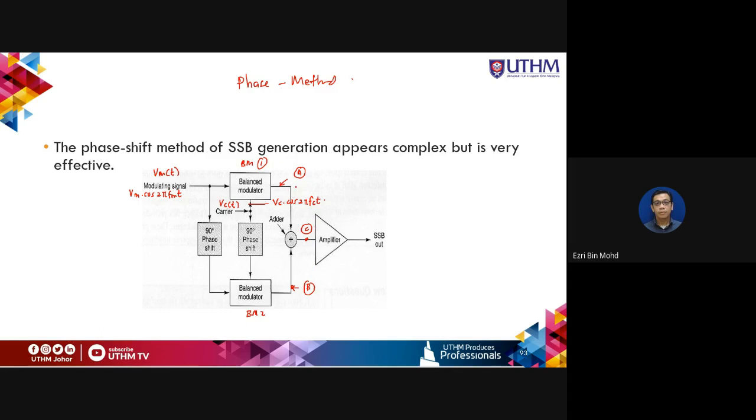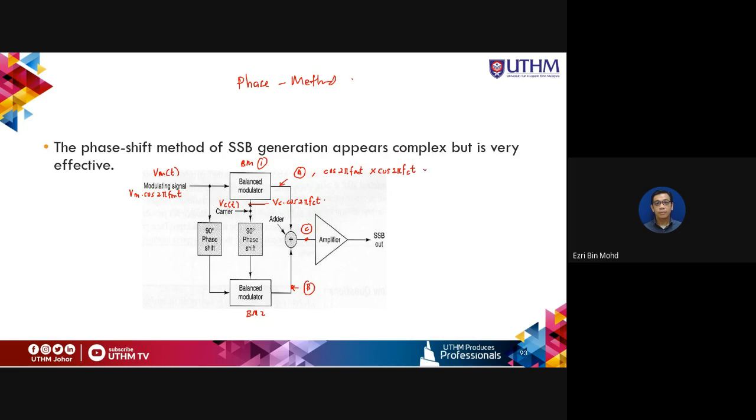Okay, at A point, so balance modulator VMT and VCT. So the output can be simplified as, let's say for example, cos 2 pi FMT times apa? Cos 2 pi FCT, right? Without phase reversal.